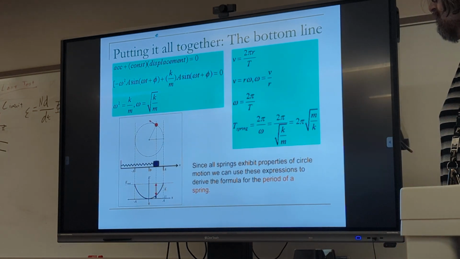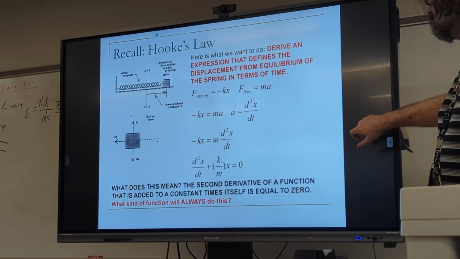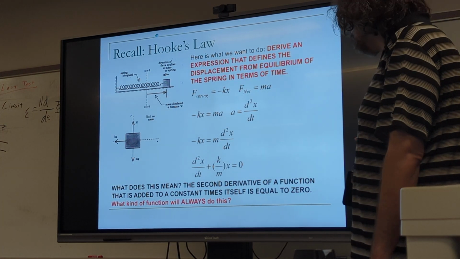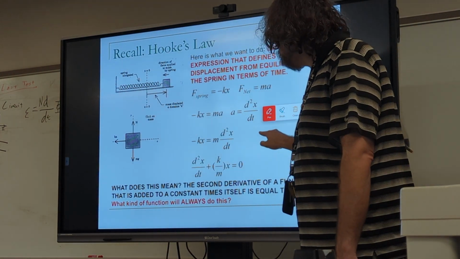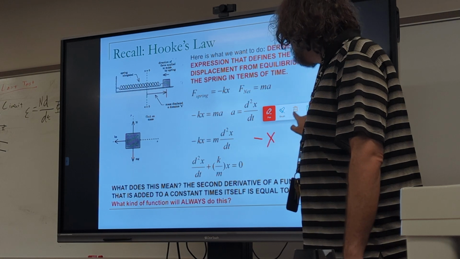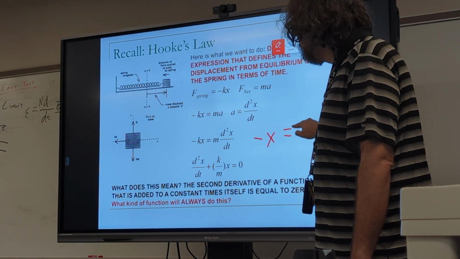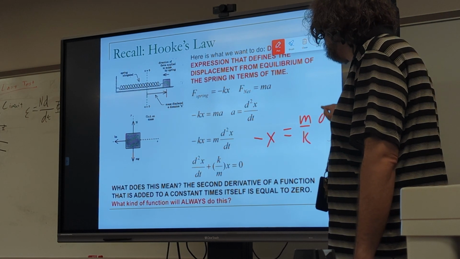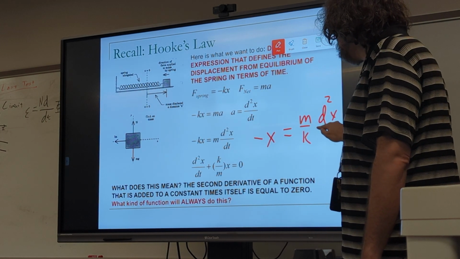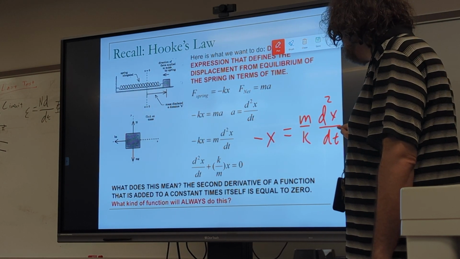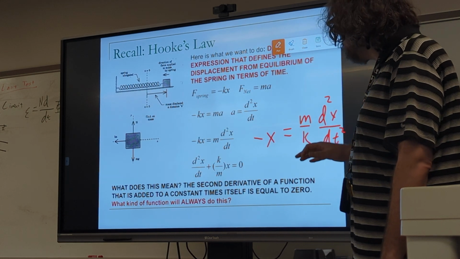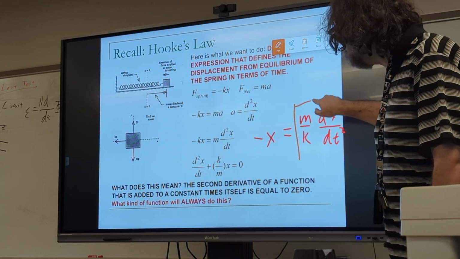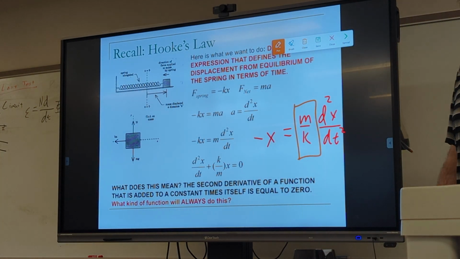So the goal will always be to write a function that looks like negative x m over k equals d squared x over dt squared. The goal is always to write some function that looks like this, because guess what's in the brown box?